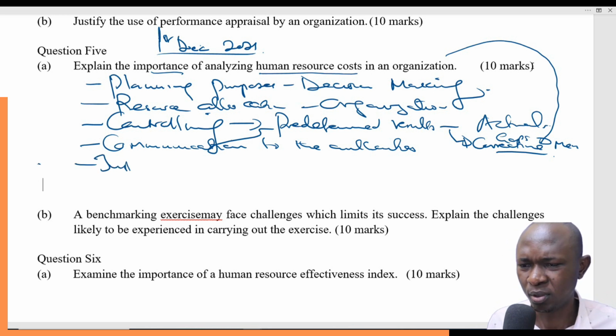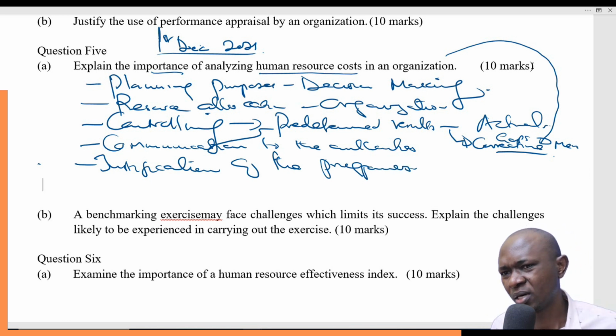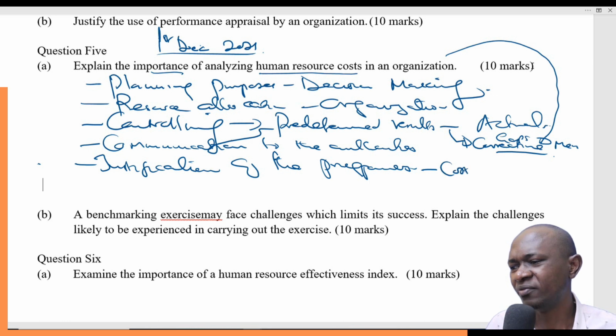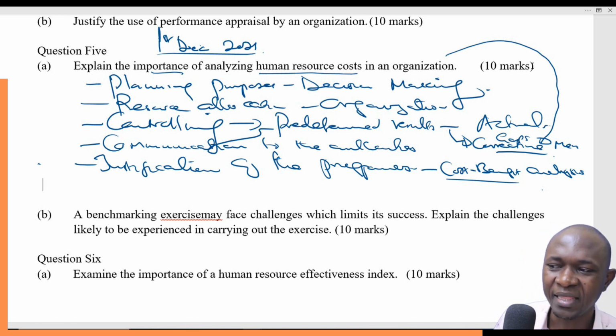The other reason why analyzing human resource costs could be very important is that it helps in justification of the programs. Especially when we talk about cost-benefit analysis. For a program to go through, you must justify that the benefits are higher than the costs.